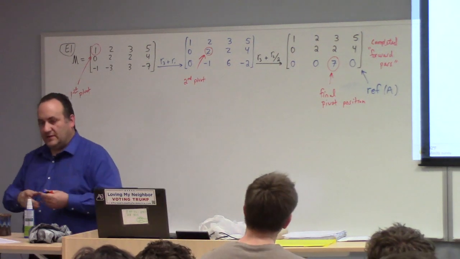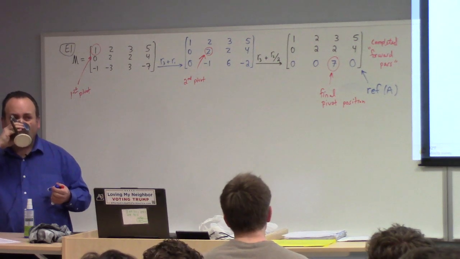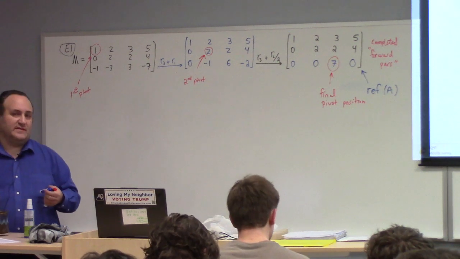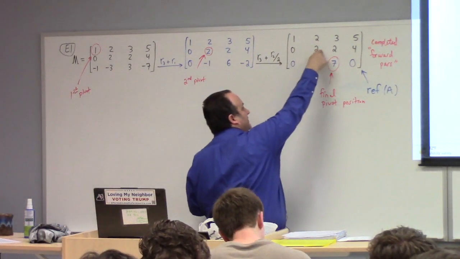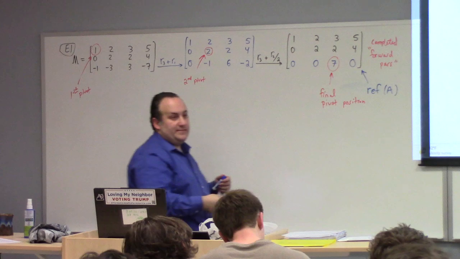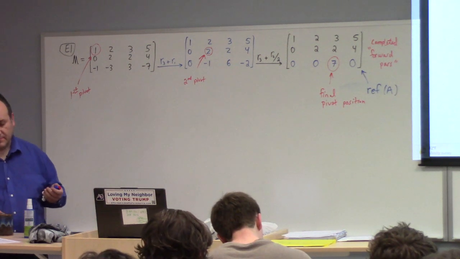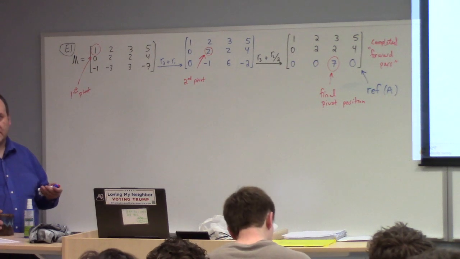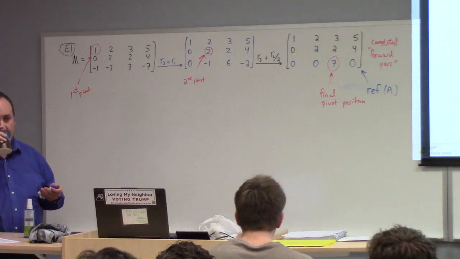REF of A is not unique. That kind of depends on the quirks of your algorithm. Some people would insist that REF of A is such that these leading non-zero entries are rescaled to 1. All right, like I think if you use like a Texas Instruments calculator, you can calculate the ref of a matrix, and you'll find that it has leading coefficients of 1.